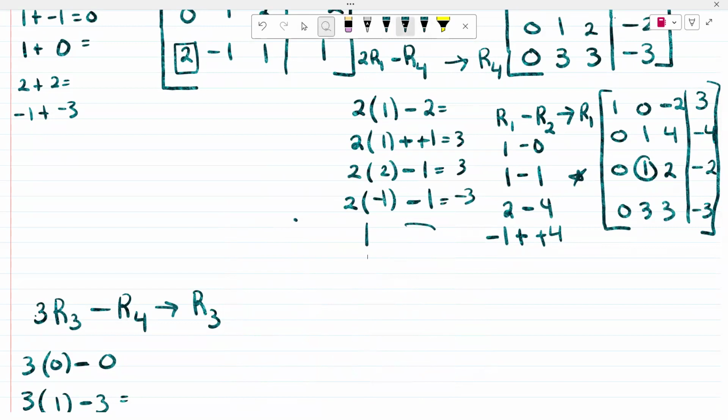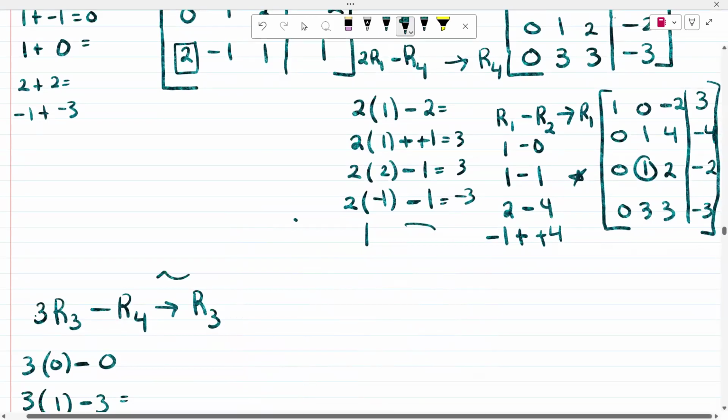Okay, I think the row operation is correct. Yes, the row operation is correct, so I must have done something wrong elsewhere. So let's redo this. I believe this is still correct.